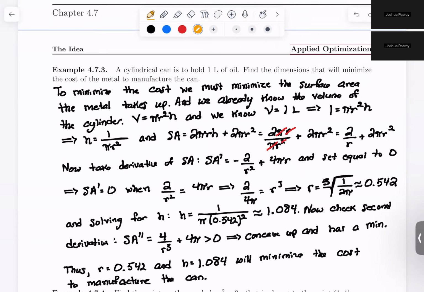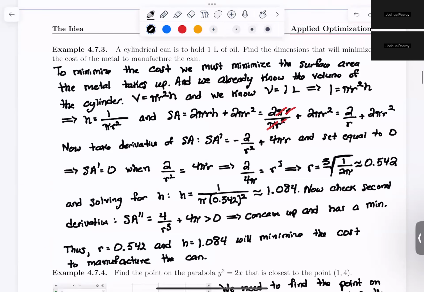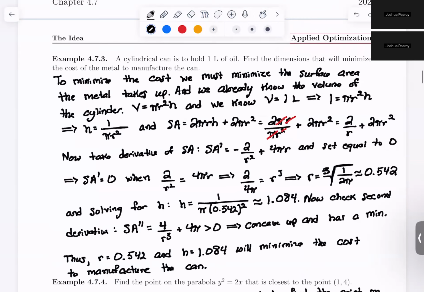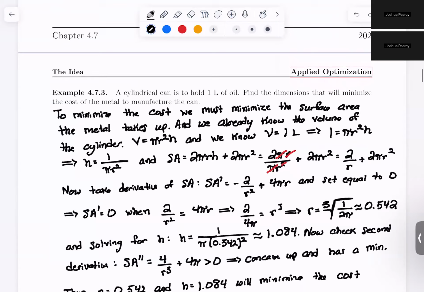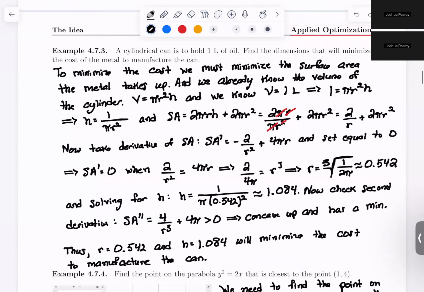If I do that, I just divide over, and I get that the height is equal to 1 over pi r squared. Now, the second thing you need to figure out is that we want to minimize the cost of the metal to manufacture the can. That's equivalent to minimizing the actual surface area that the can takes up. So I need to figure out the surface area for a cylindrical can. It's given right here: 2 pi rh plus 2 pi r squared.